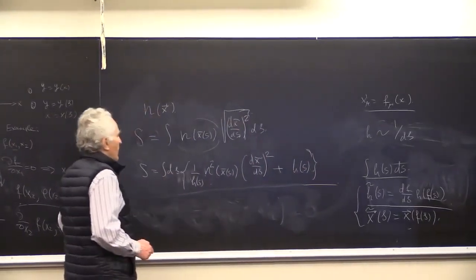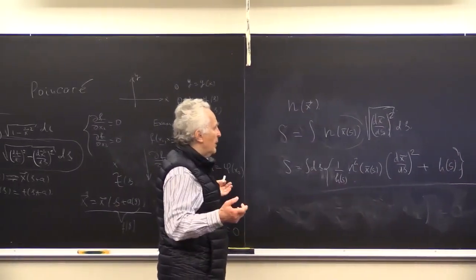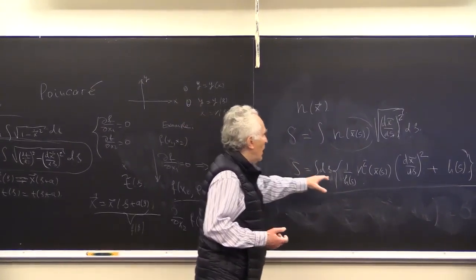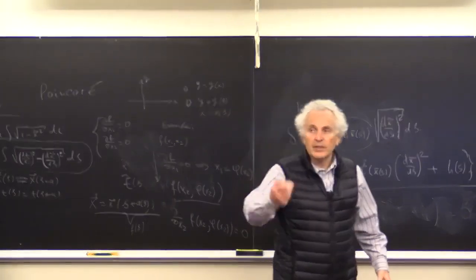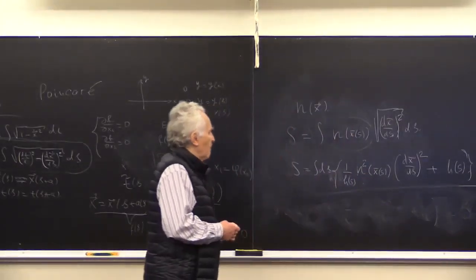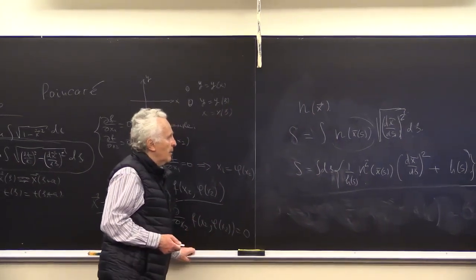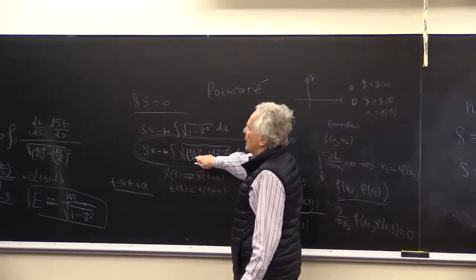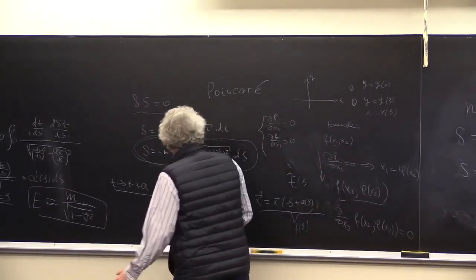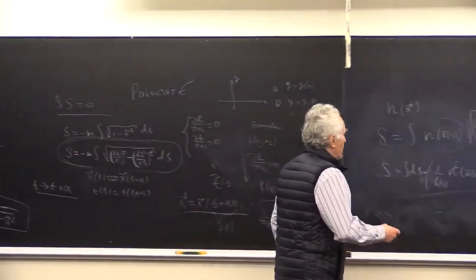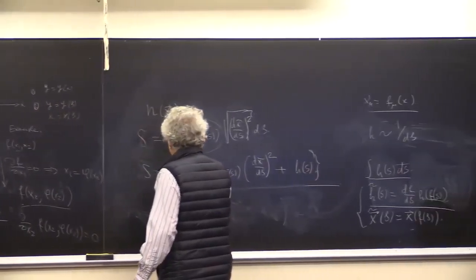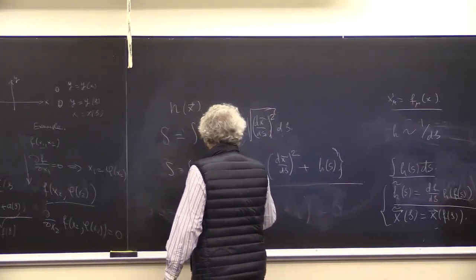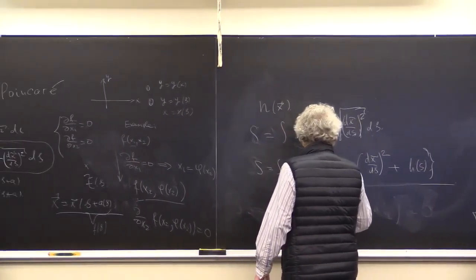But this time we can choose the gauge, and it is in our hands which gauge, which parameterization, to choose. The functional doesn't depend on this. And before, when we looked at this form of the action, we chose the gauge s equals t. But it's much more convenient here to choose the gauge in which h of s is equal to n square of x of s.